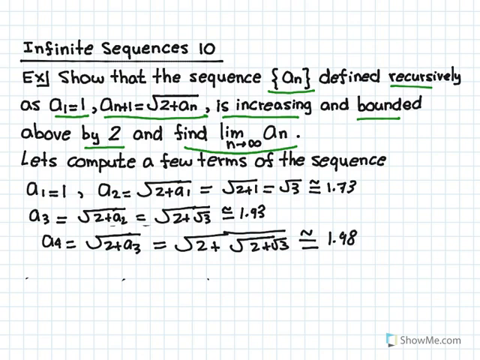So we can see from the first 4 terms of this sequence that it is increasing, because a_1 is equal to 1, a_2 is 1.73, a_3 is 1.93, a_4 is 1.98, and it seems to be also bounded above by 2. But we need to formally verify our intuition by applying mathematical induction.